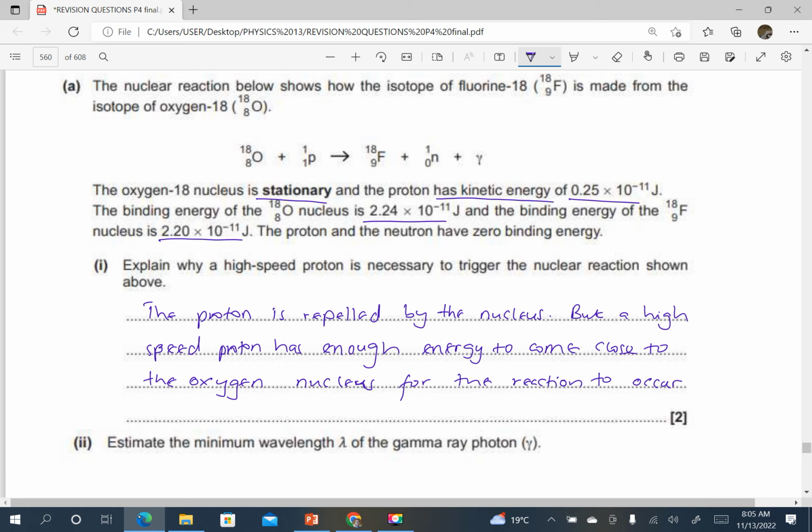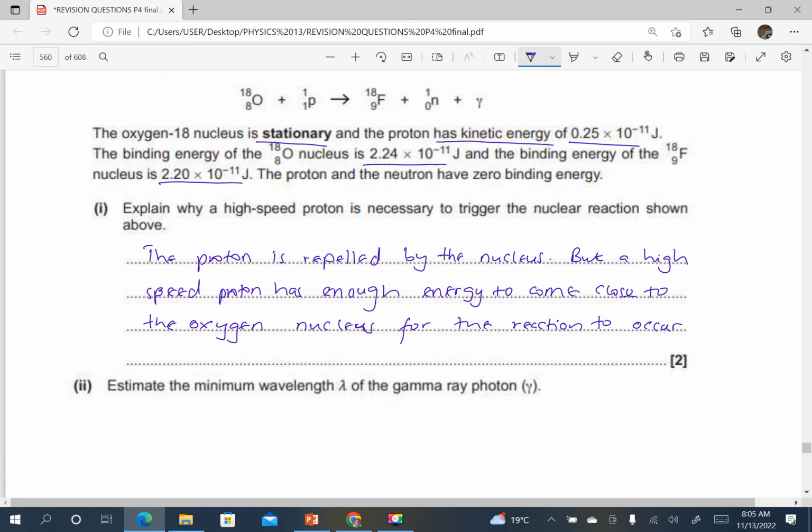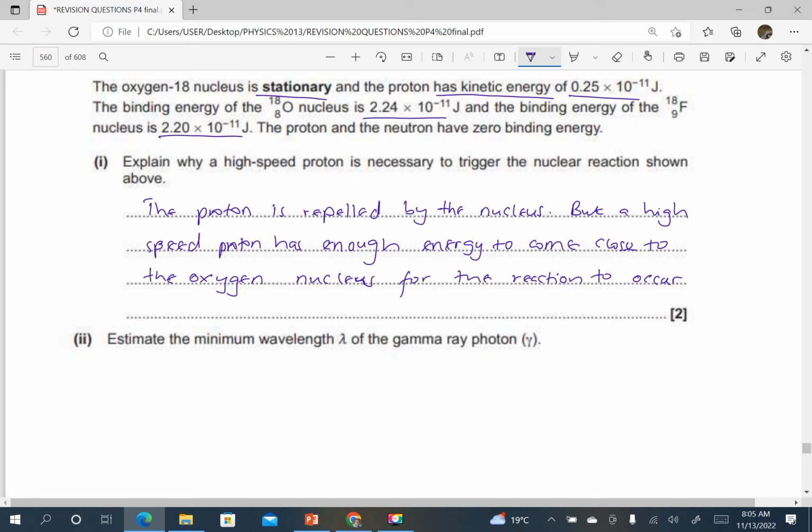In other words, it has enough energy to overcome the force of repulsion. It has enough energy to overcome the electrostatic repulsion from the oxygen nucleus so that the reaction can occur.